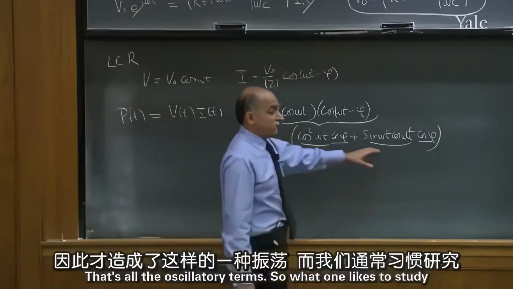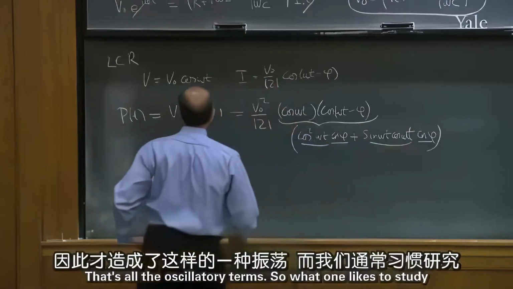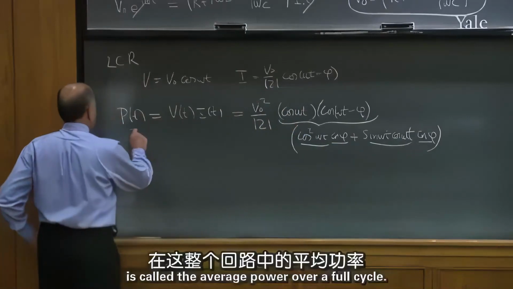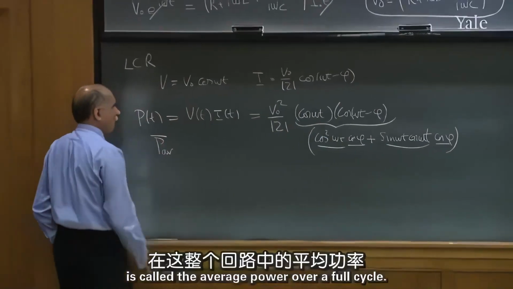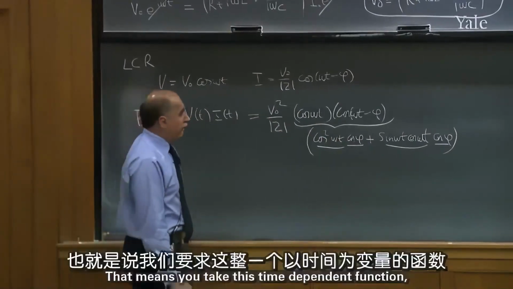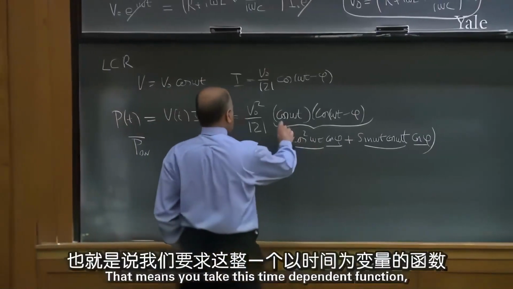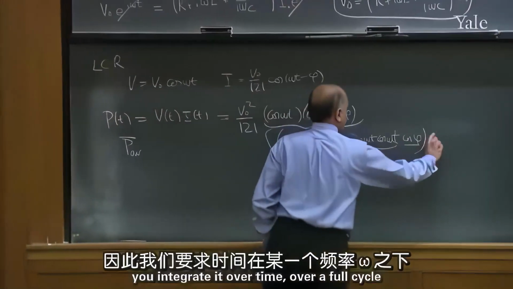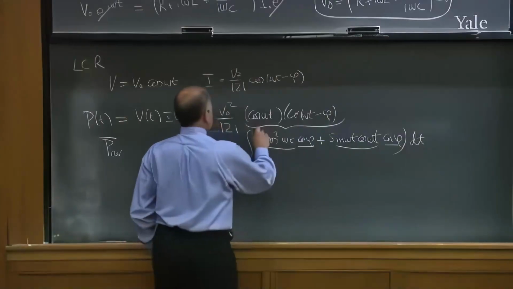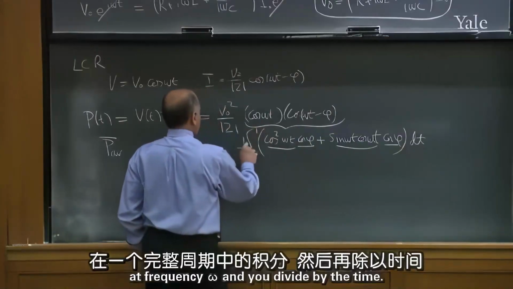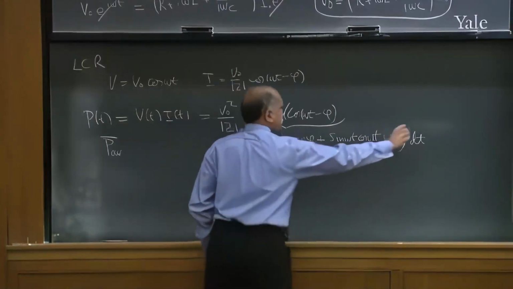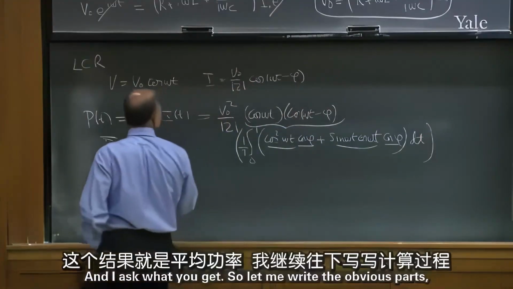That's all the oscillatory terms. So what one likes to study is called the average power over a full cycle. That means you take this time-dependent function, you integrate it over time, over a full cycle at frequency omega, and you divide by the time. And ask what you get.